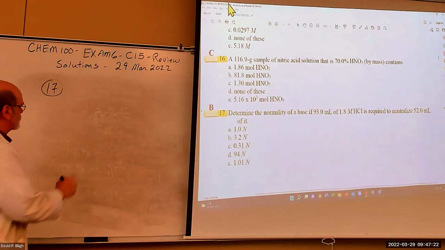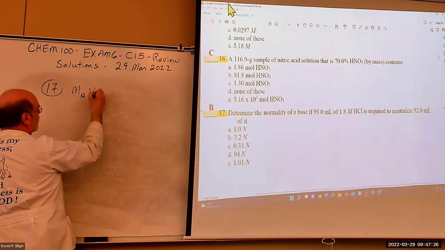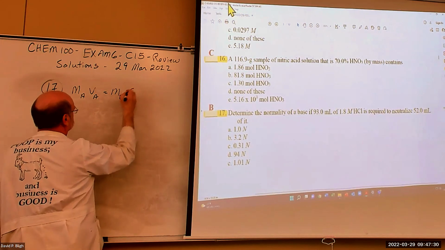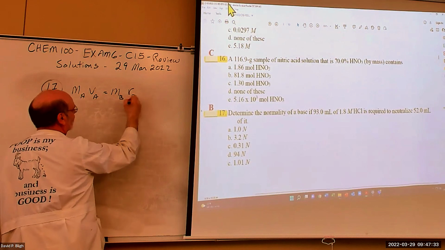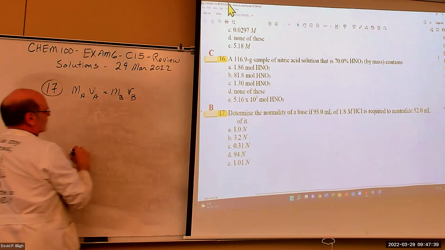Normally what you would say is molarity of the acid times the volume of the acid equals molarity of the base times the volume of the base.